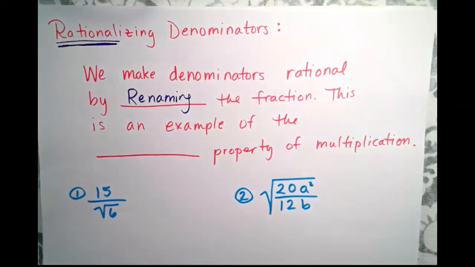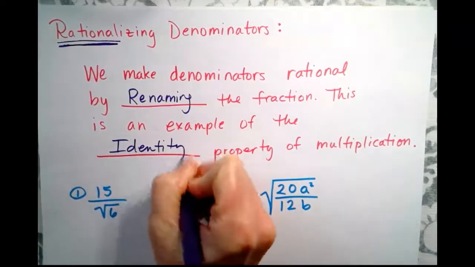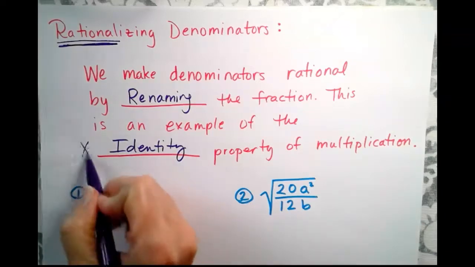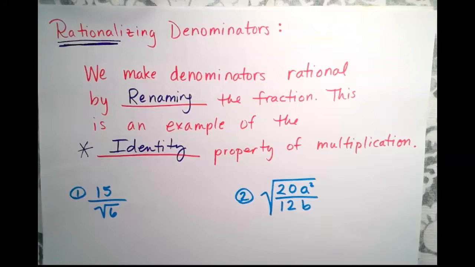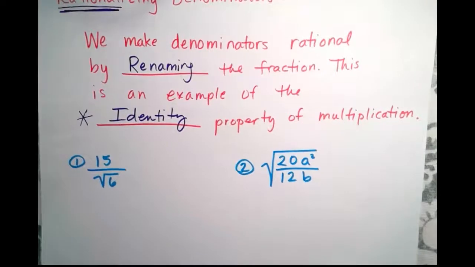This is an example of the identity property of multiplication. And we talked about that in an earlier video, how using a form of 1, which is what the multiplicative identity is, will be very useful for many things that we do in advanced algebra.